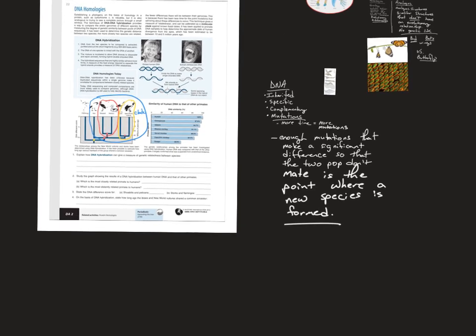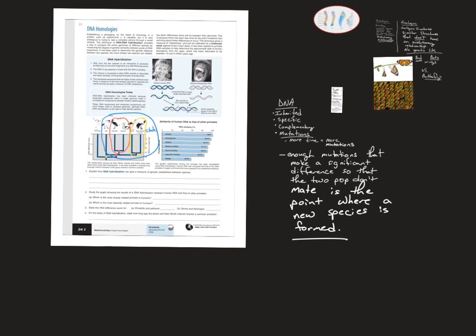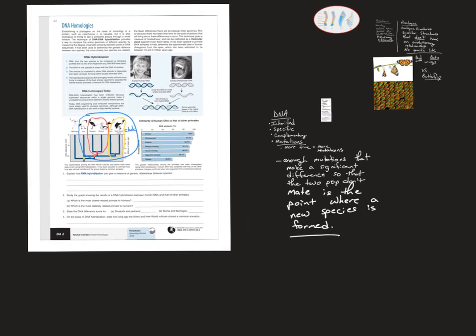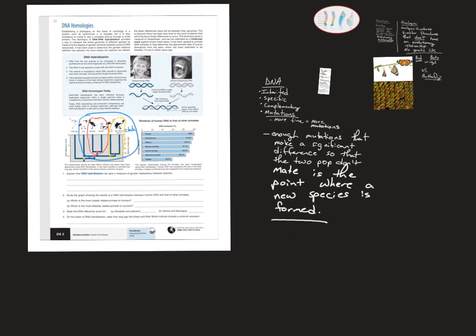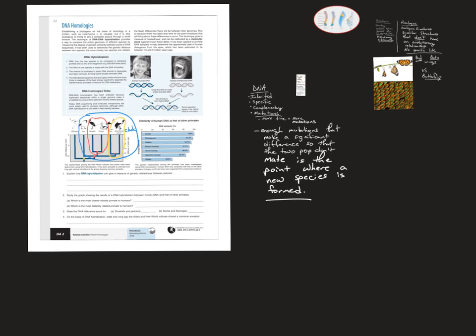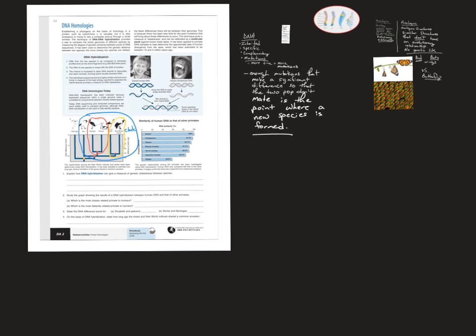So when you're talking about DNA hybridization, you're talking about measuring the similarity in the DNA. I think you should be able to answer why that would tell how closely related the species are. So study a graph showing the results of DNA hybridization between DNA and other primates, which is most closely related.